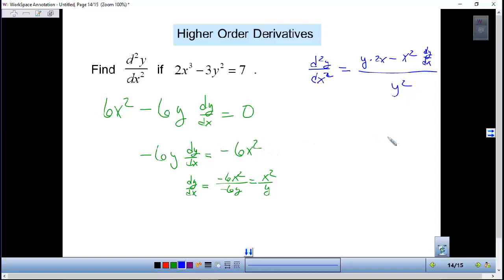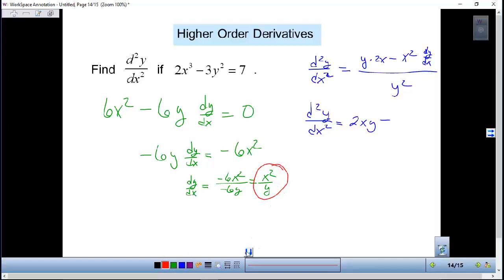All right, so looking at this, we're saying, okay, well, y times 2x, I can go ahead and write that. So d squared y over dx squared is equal to 2xy, simplified down. And then here with the x squared dy/dx, well, what are you going to do about that thing right there? Well, here's the neat thing. You already know what dy/dx is.